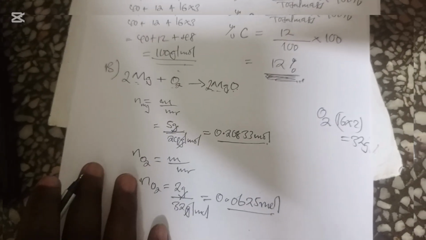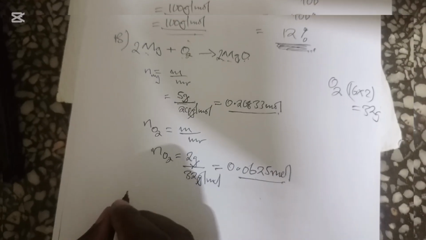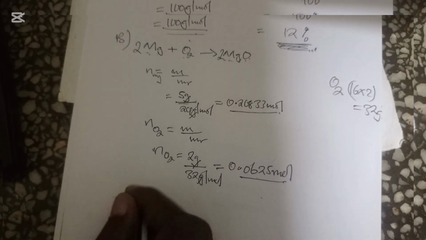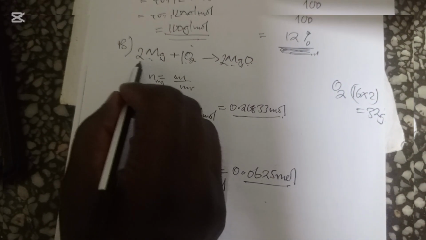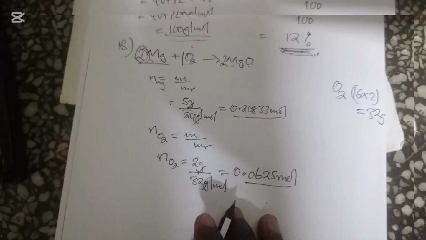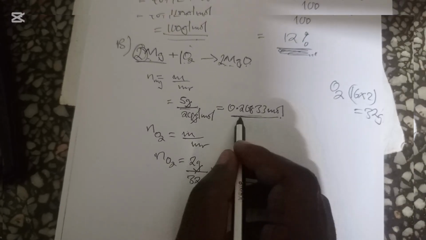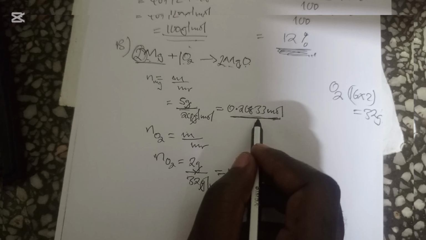Now that you found the number of moles of oxygen, we can decide which one is the limiting reagent. So how do we do that? We are going to divide the number of moles we found by the number of moles in the equation. For magnesium, the number of moles in the equation is 2, and what you found after your calculation is 0.20833.